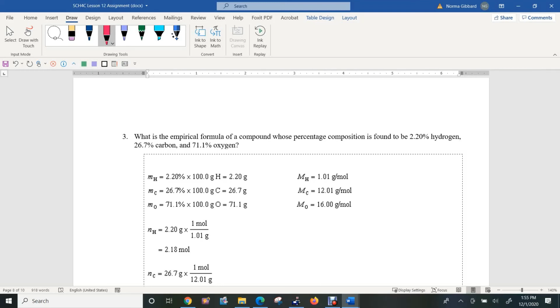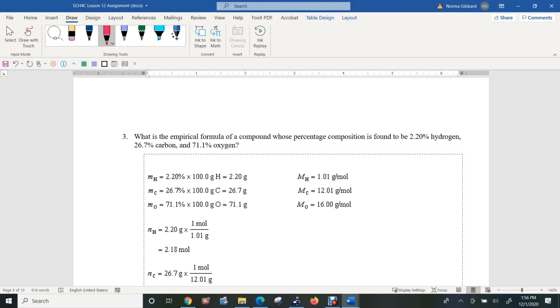Again, we're going to find m, which is the mass. 2.2% times 100 grams is 2.2 grams because it's percentage.